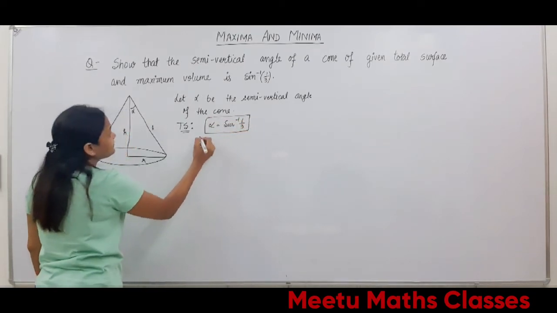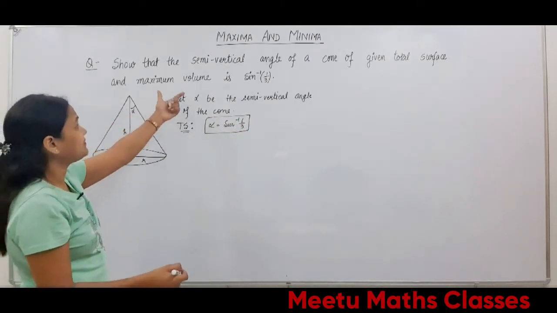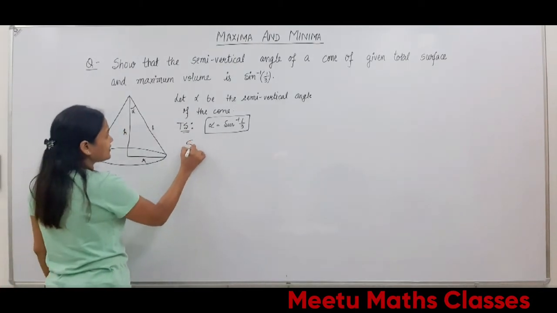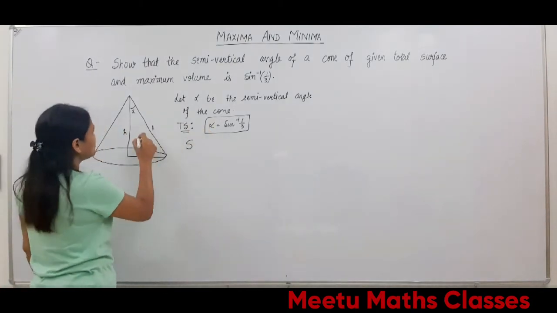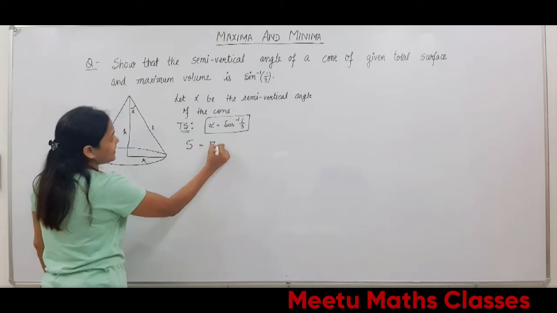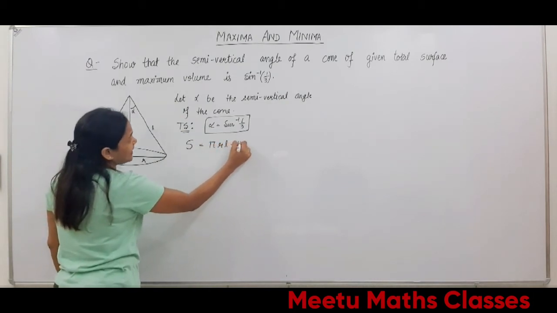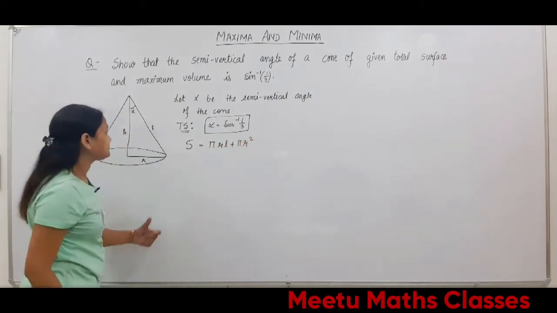This you have to show when the volume is maximum, and you are also given the surface area of the cone. So surface area will be pi r l plus pi r square.